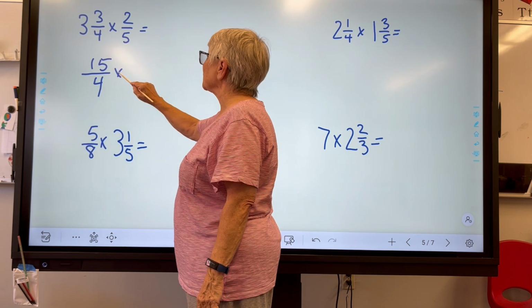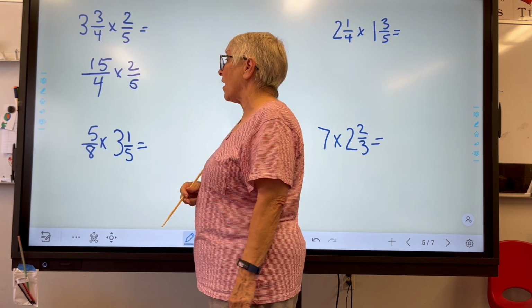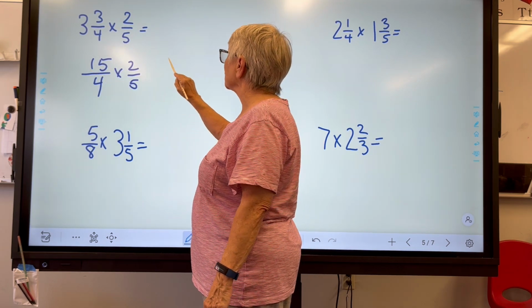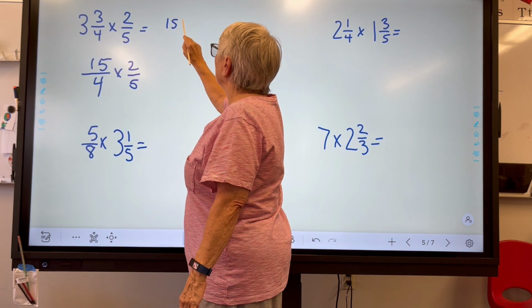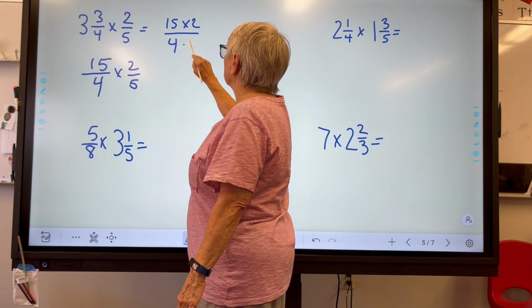And the 2/5 is a regular proper fraction because the 2 is smaller than the 5. And then we multiply across. So we have 15 times 2 divided by 4 times 5.